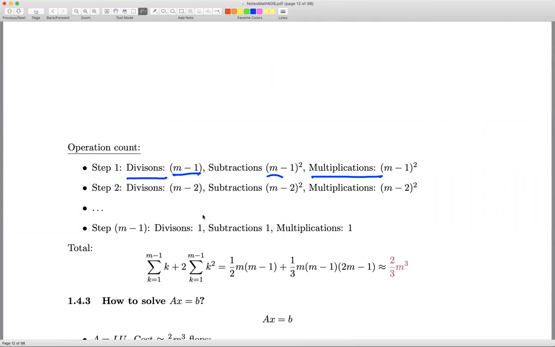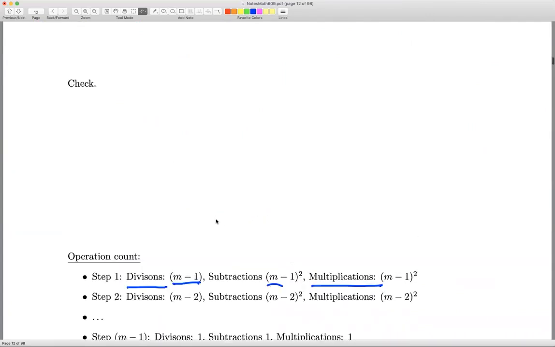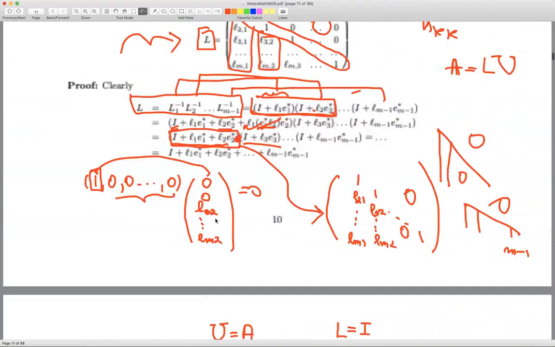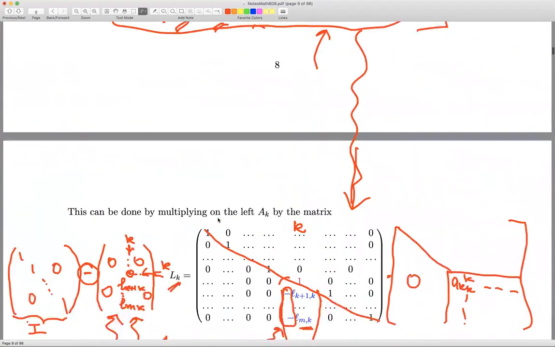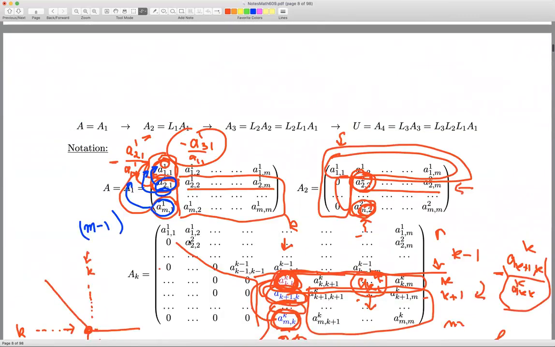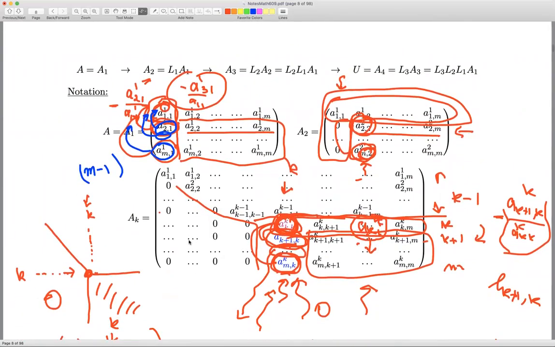Then we'll look at the number of subtractions and the number of multiplications. Once we do that, then what do we do? We multiply each term here by the L. So this is one multiplication, and add it to this term here, which is one addition.